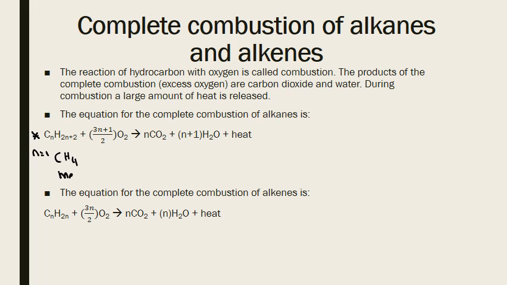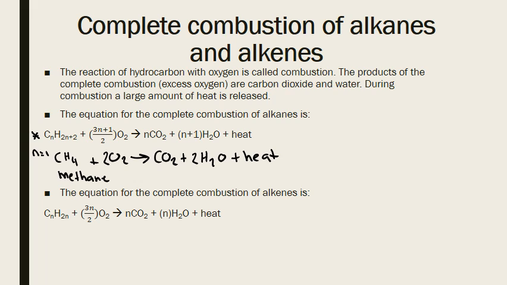So this is methane, plus (3 times 1 is 3, plus 1 is 4, divided by 2 is 2) O2, which equals CO2, we don't write the 1, plus 2H2O, plus heat. Okay, so this is how we write the complete combustion of methane.